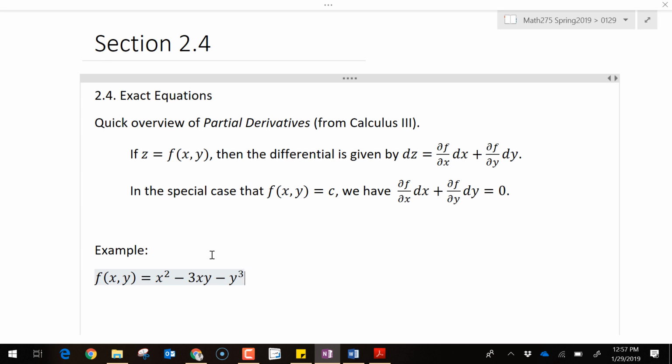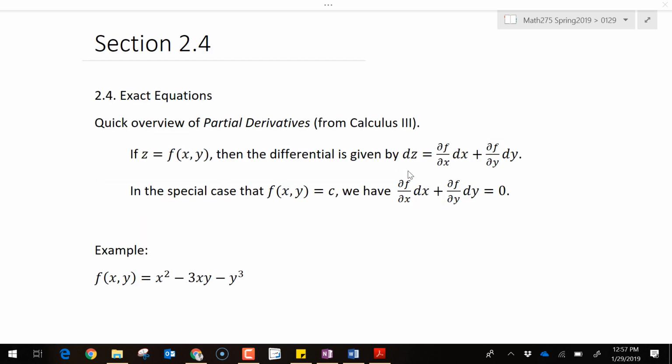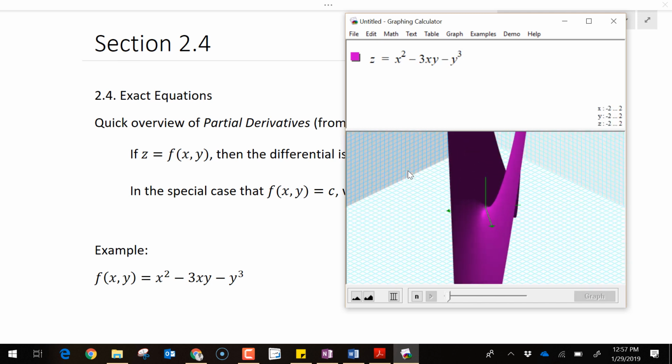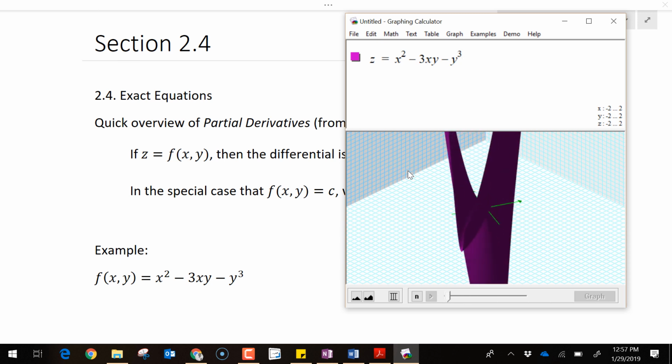So suppose this is our function, and let's say this is a function in 3 dimensions. So imagine yourself in calculus 3, bring yourself back. So you get some sort of surface, whatever that surface might look like. Again, that doesn't matter.